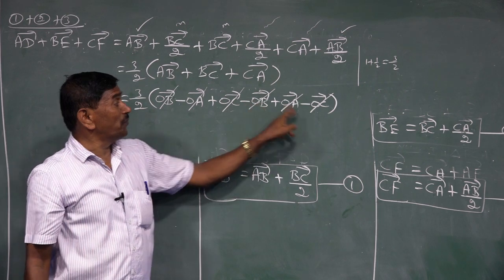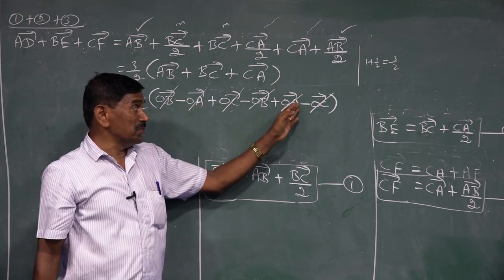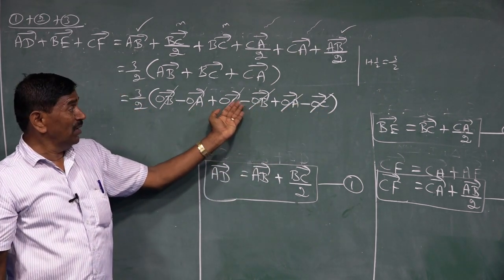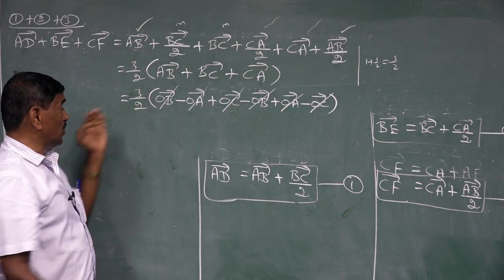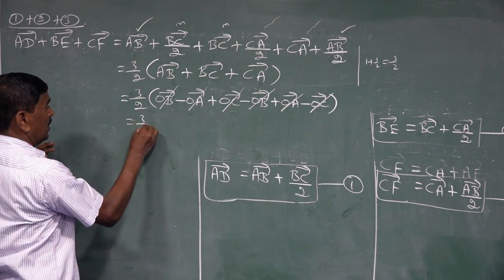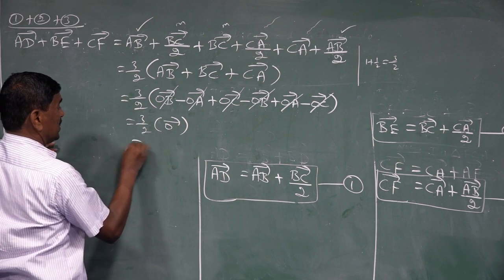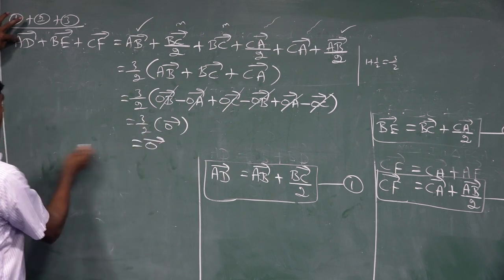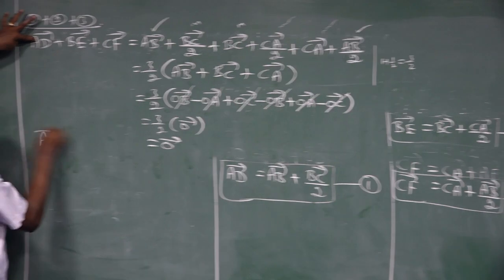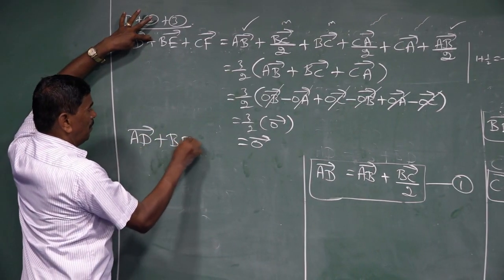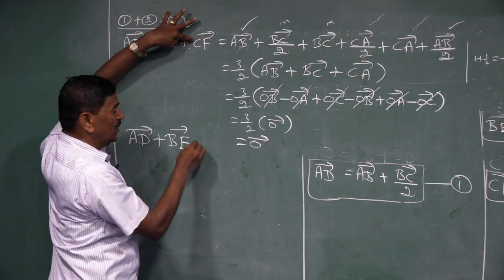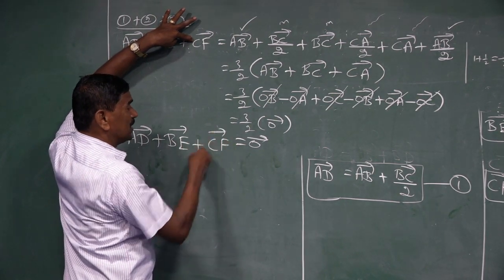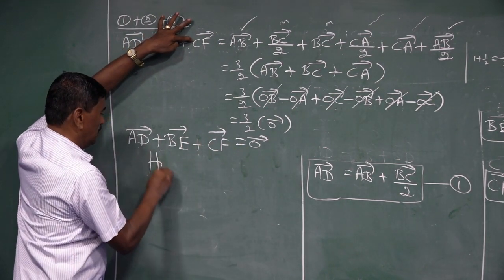There are 6 terms, and all 6 terms cancelled, whose answer is the 0 vector. 0 vector into 3 by 2 is equal to 0 vector. So the left-hand side, AD vector plus BE vector plus CF vector, is equal to the 0 vector. Hence proved.